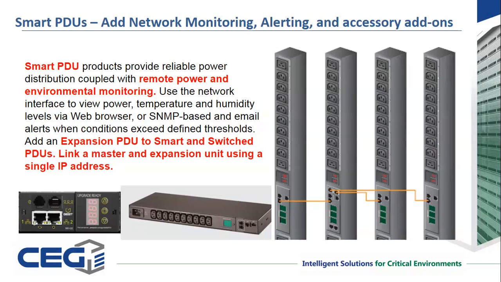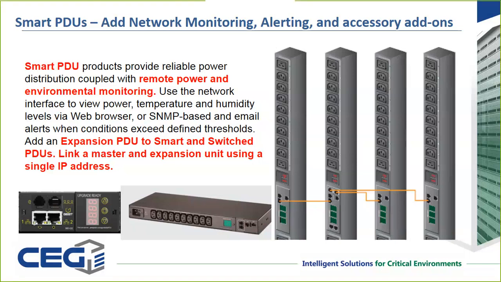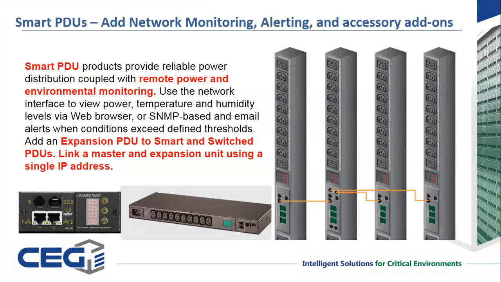What comes along for the ride when you have a smart power strip are these things called master and linking units, because there's a real cost in a data center to assign and maintain an IP address, right? You need an available port on your switch. And when you've got a large fleet of power strips that you want to have some intelligence in, it's an unknown cost when people are talking about pricing of a power strip, but there's a back-end cost to actually provision the IP address and make it available to a power strip.